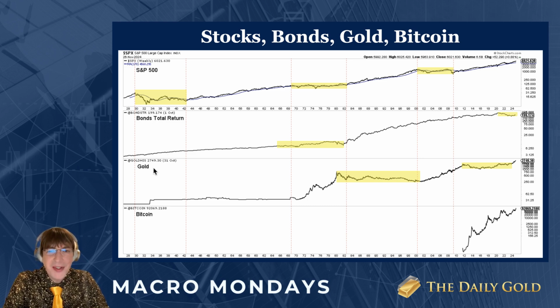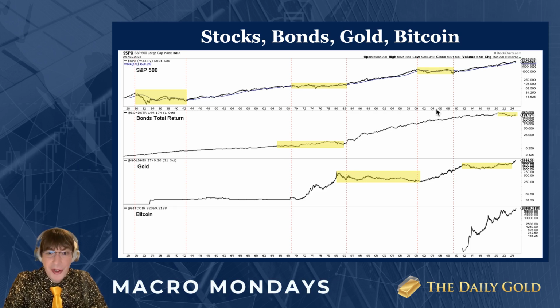my point here is based on the secular relationships. Gold is even more uncorrelated to the stock market than bonds, because I just pointed out how we had a secular bull in gold here, here, and here. Now here you had a secular bull in bonds based on total return.